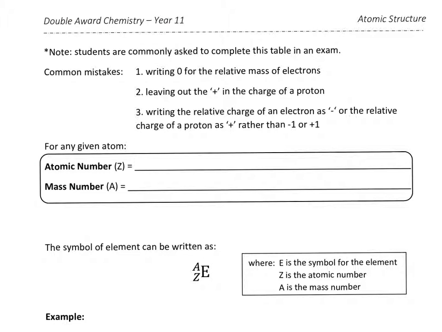So let's summarise all of that in your notes on page 3. Have a look at this little box. It asks us to define what the atomic number is and what the mass number is. Well, we said that the atomic number is the number of protons in an atom.